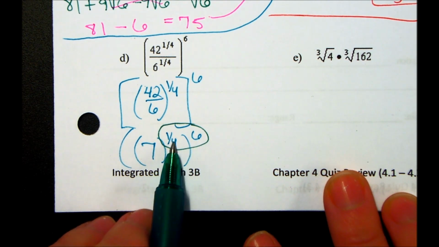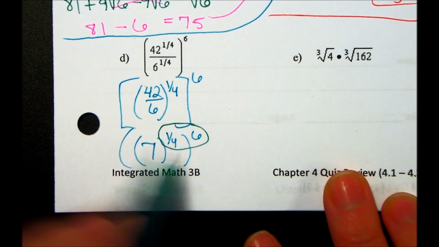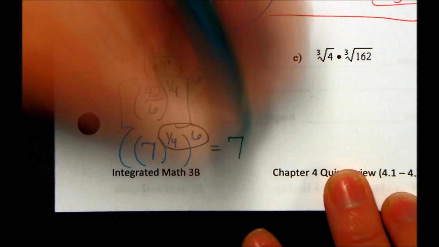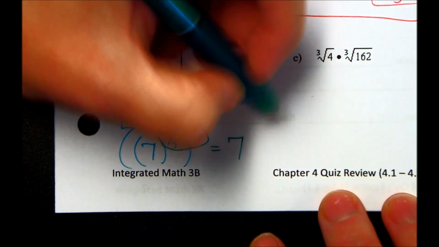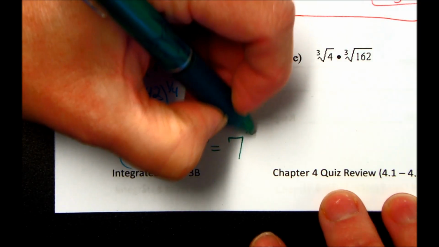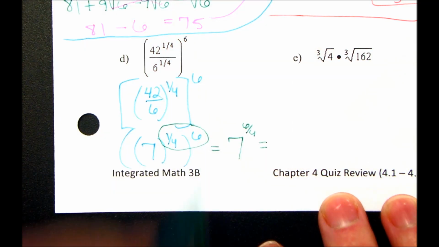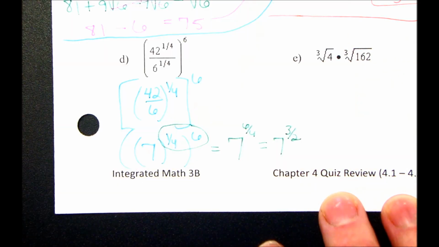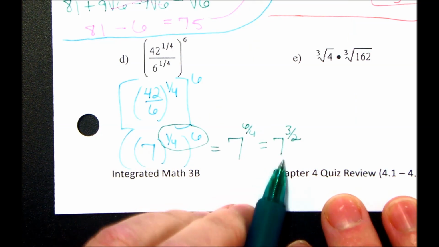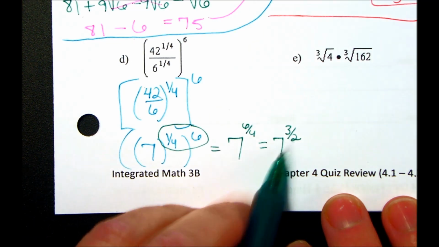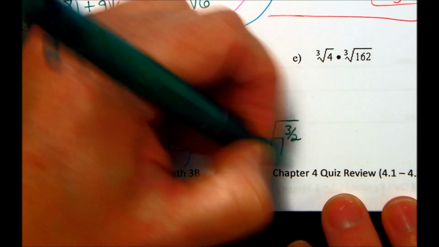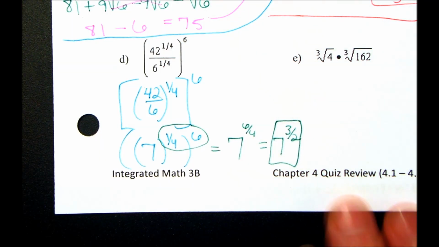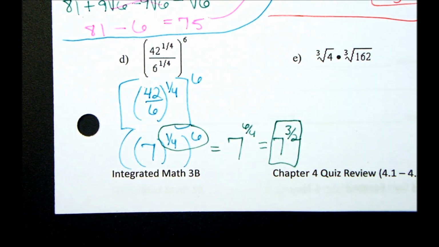When you have an exponent outside of an exponent, you multiply them together. So if we multiply the 1/4 times 6, that's going to equal 6/4. However, you can reduce that fraction to 3/2. Still cannot reduce the 7. There are no perfect squares that are factors of 7. So 7 to the 3/2 power is your simplified form.